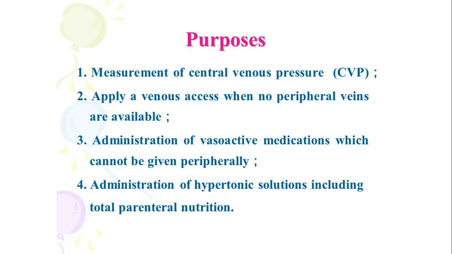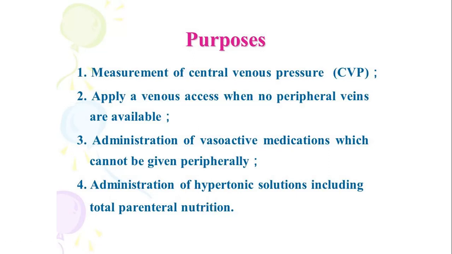And when the patient needs expansion of the blood volume, then Hemacell and other very heavy, large molecular IV fluids that cannot be given through the periphery are given through this central line. And administration of hypertonic solutions that I told you. And also one point is given here: for total parenteral nutrition, the central venous line is used.